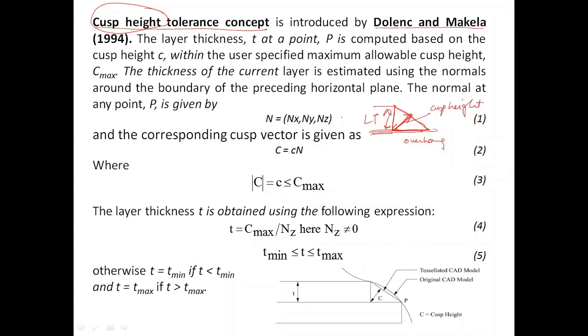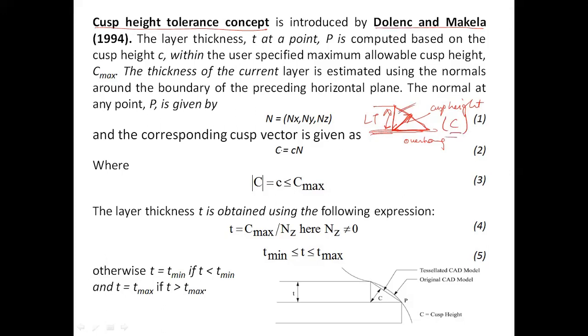So Dolinek and Makla gave a concept where the cusp height was utilized as the basis of evaluation for the optimal layer thickness. He said that if you have any profile, there will be lots and lots of facets created at the edges. Cusp height is denoted as C. Every triangle, every facet, will have a unique cusp height.